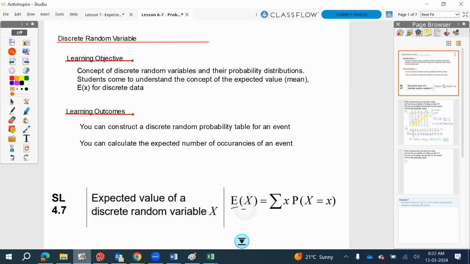This is the expectation of the event x, the sum, and this is each x value: 2, 3, 4, 5, 6, 7, 8, 9, 10, 11, 12, times the probability of each value.